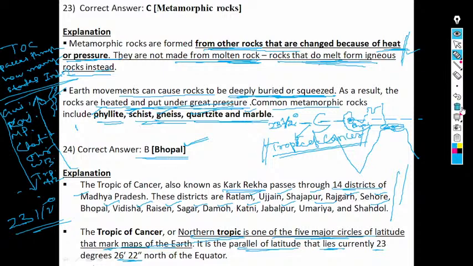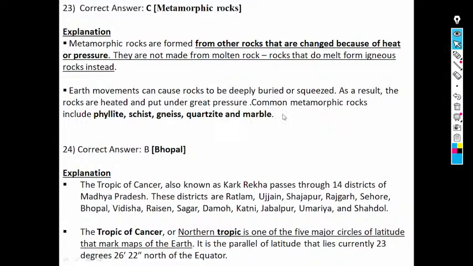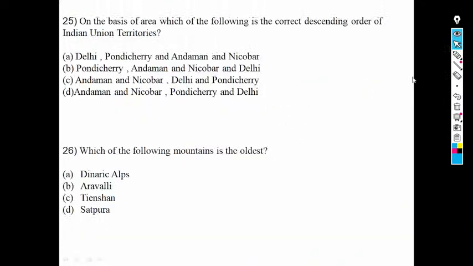Okay, we'll go for the next two questions probably. On the basis of area, which of the following is the correct descending order of Indian Union territories?